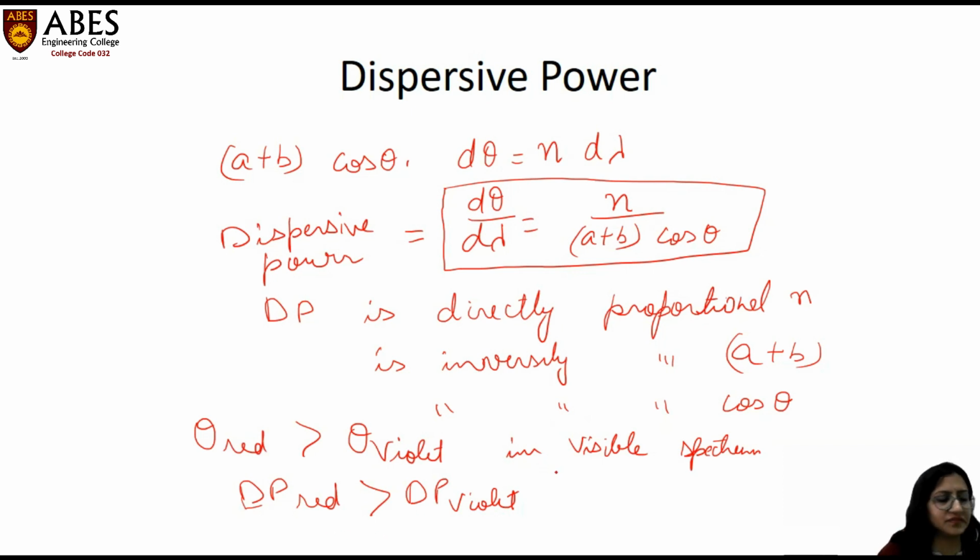And if theta is very small, theta is approximately 0, so cos theta will be approximately equal to 1.